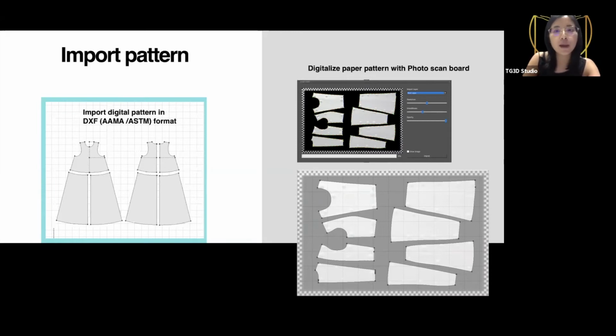And the other way is to scan your paper pattern with a photo scan board. So when we digitalize your design, providing pattern of your work is optional, but it will be great if you can get digital pattern or pattern of your works. In this way, it can be as close as you would like it to be when it is simulated.